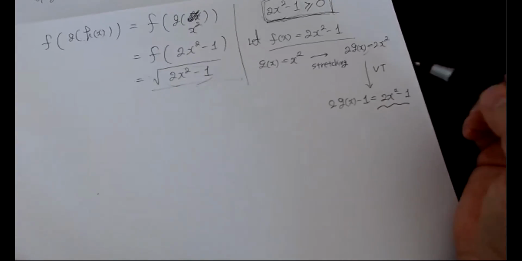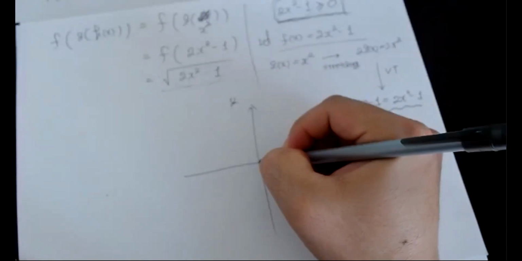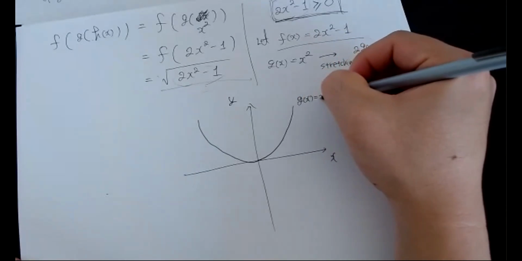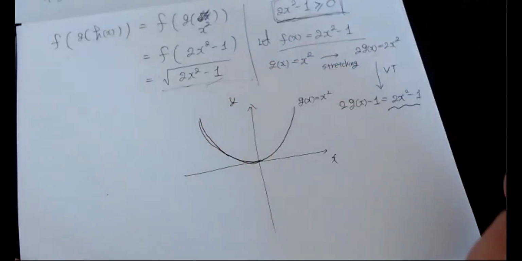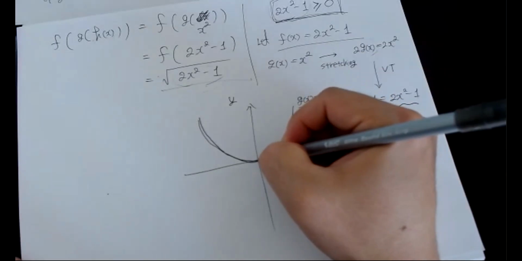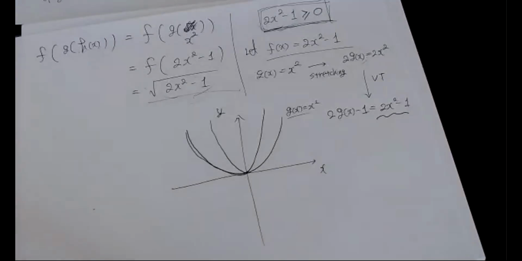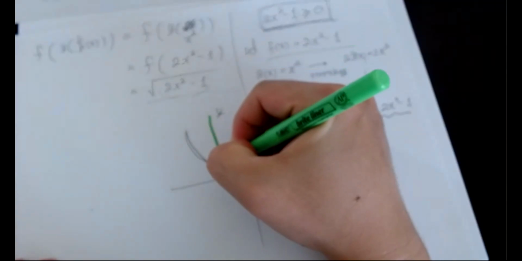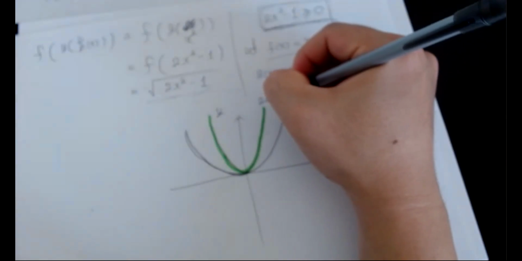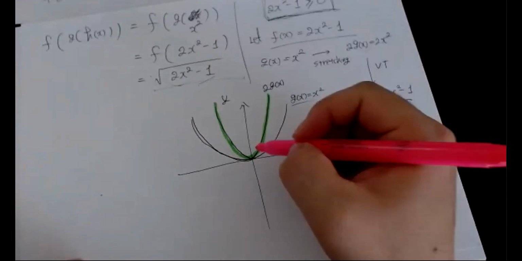And now we plot the graph. So here's the x-axis, here the y-axis. Starting from the graph of x squared, which is the graph of g of x, I know it's a little bit odd, but okay. Now we stretch the graph of g of x by a factor of 2 to get this. That's the graph of 2 times g of x, and then we shift downward 1 unit.